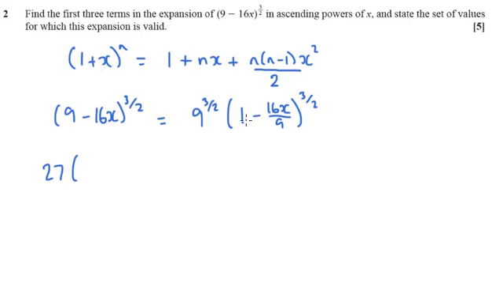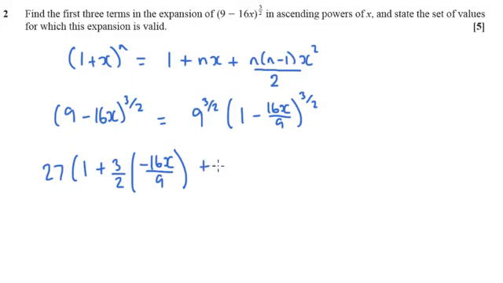And now this is in the form that we need up here. So we can now start using the binomial expansion for n being 3 over 2 and the x term being minus 16x over 9. So I'm going to substitute that into here now. So the first term is going to be 1. As we said, n was 3 over 2, so that's going to be 3 over 2 times minus 16x over 9.